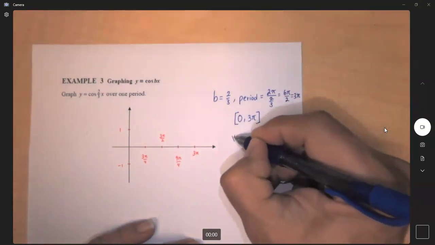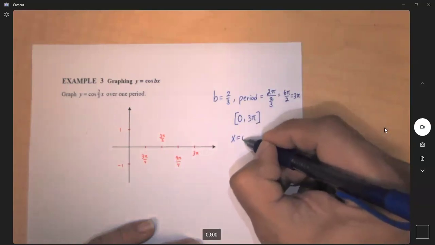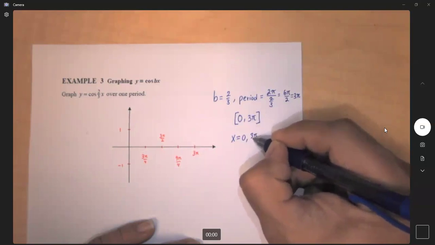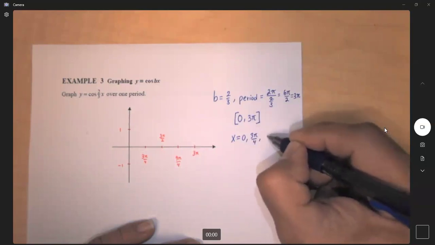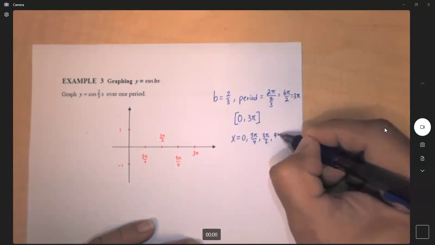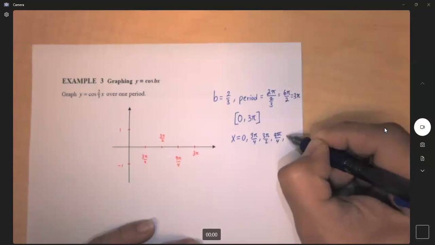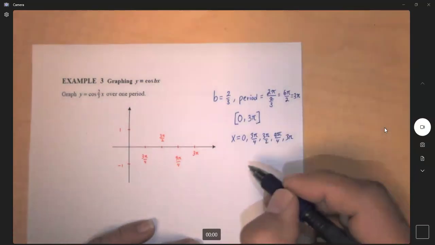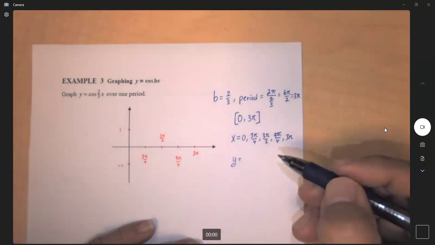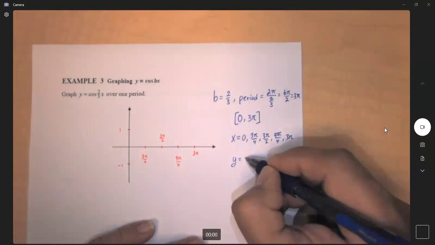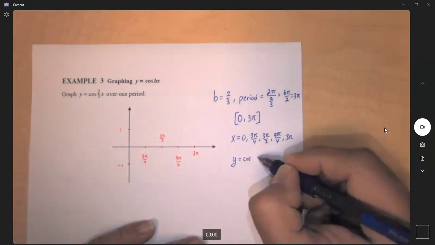And therefore, our x values would be 0, and then 3 pi fourths, then 3 pi halves, then 9 pi fourths, and then finally 3 pi. And remember, at those values is where you're going to get the max and min and x-intercepts for the cosine function, right?